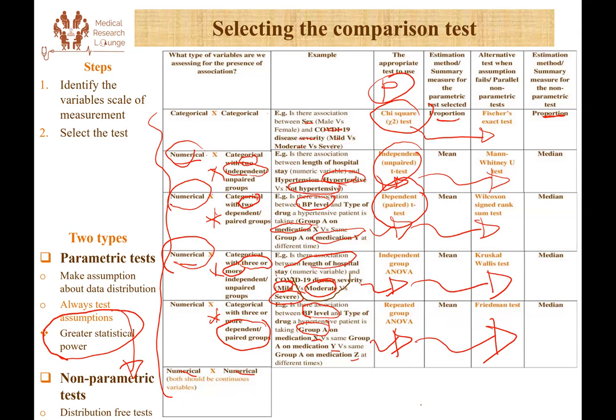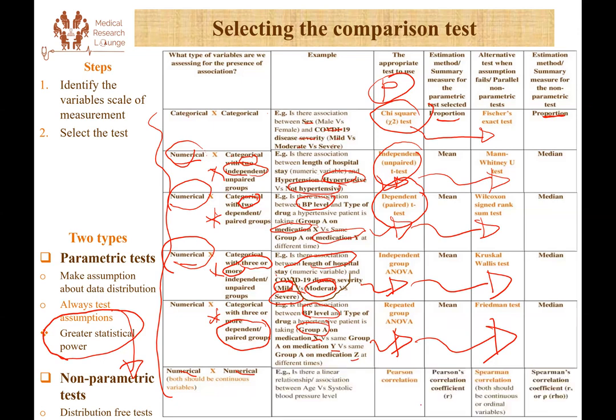After conducting these, our last variable combination is both numeric variables. When we have both numeric variables on a continuous scale, for example, if we try to assess the relationship between age and systolic blood pressure level, and we decide to analyze both as numeric variables rather than groups, then the proper test to use is Pearson correlation.